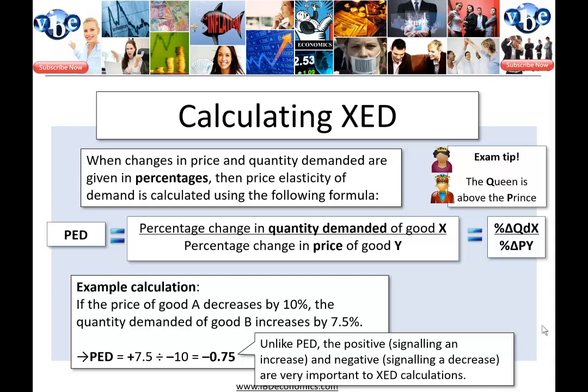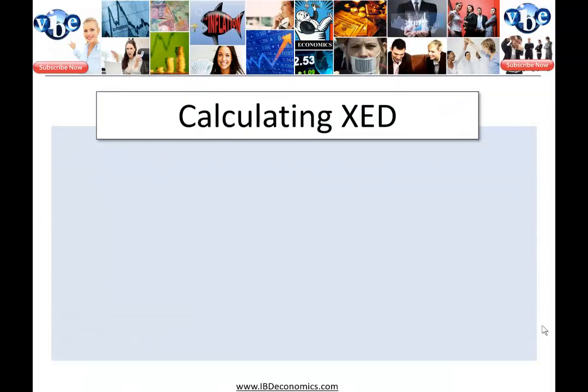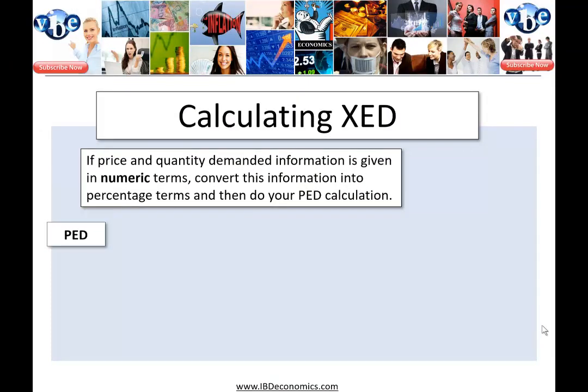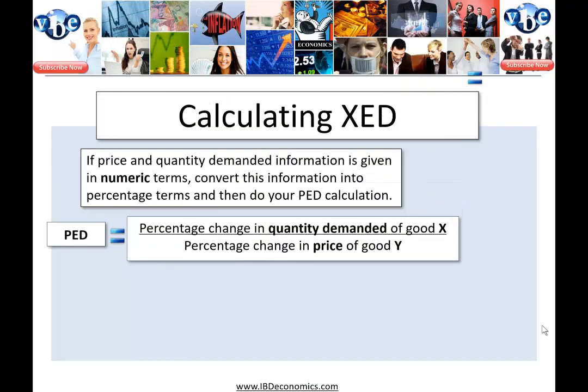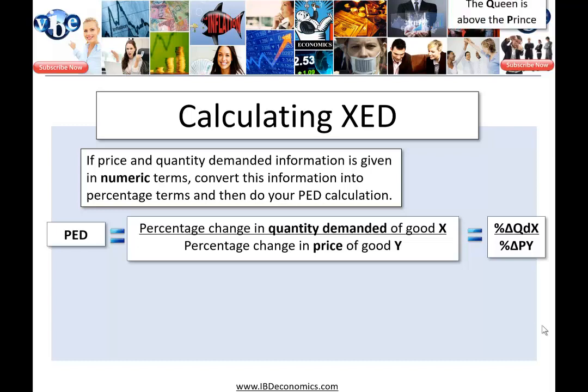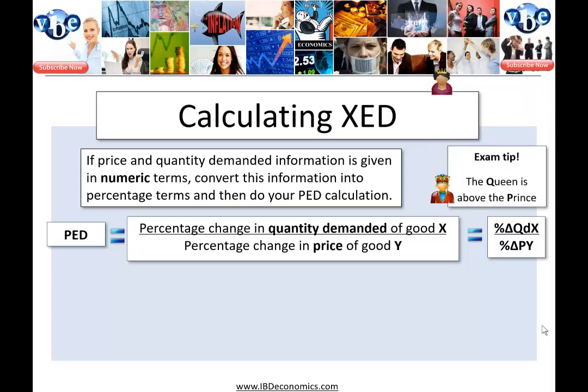So unlike PED, price elasticity of demand, the positive, which signals an increase, and the negative, which signals a decrease, are very important to our cross-price elasticity of demand calculations. So again, if the information in the question is not presented in terms of percentages, we need to be able to work that out.